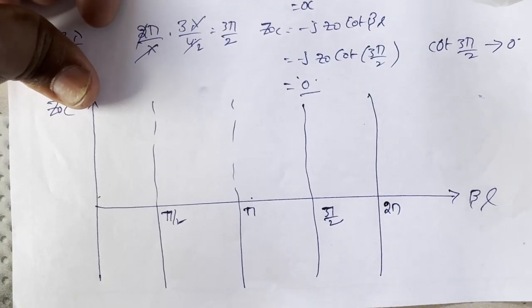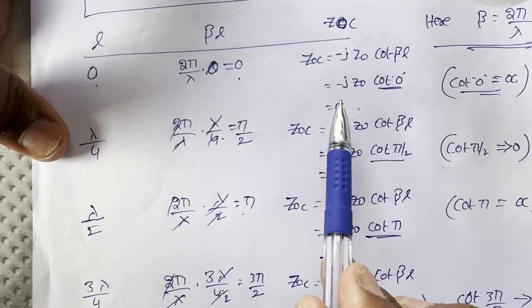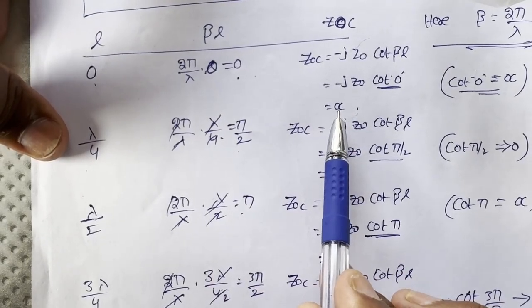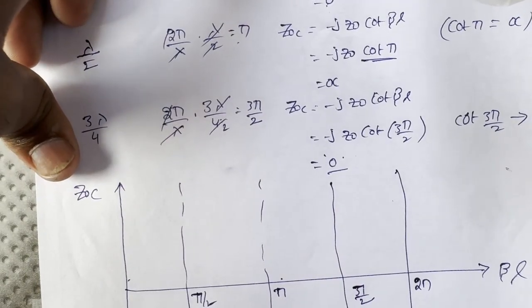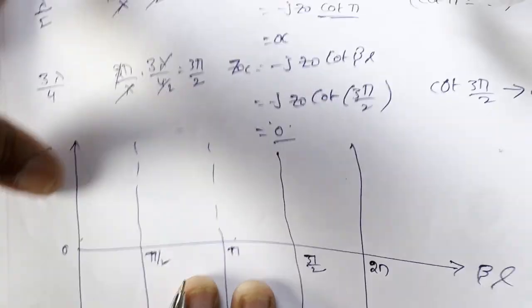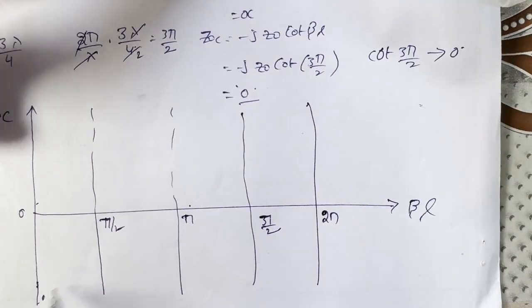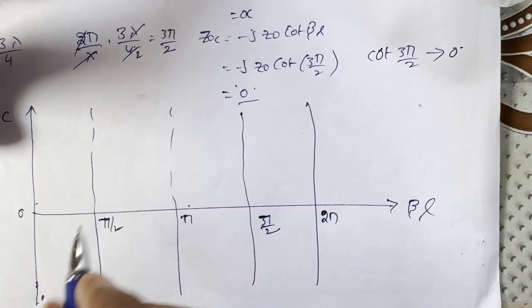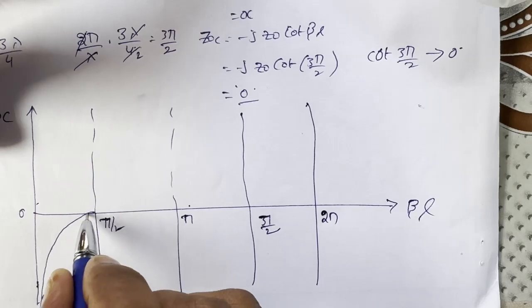So when we draw here, when beta L equals 0, ZOC equals infinity, so that is the point. We have already discussed this in our previous section. The same plots come here with a 90 degrees phase shift.